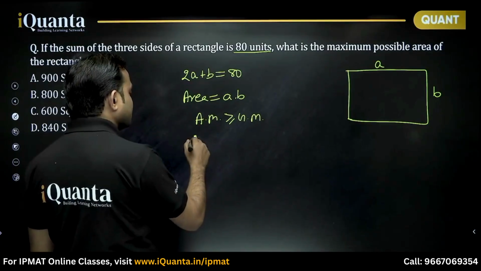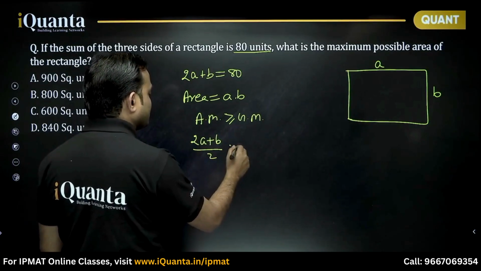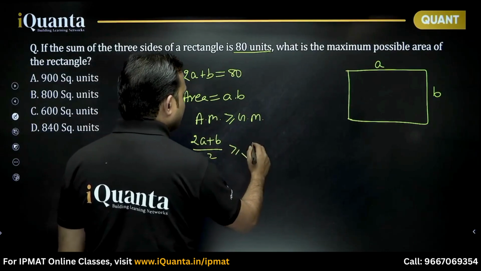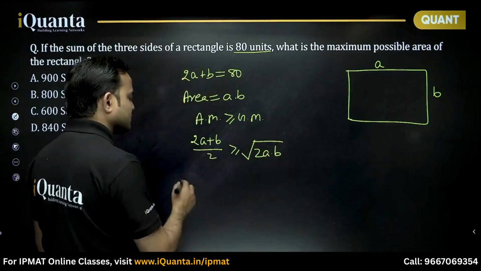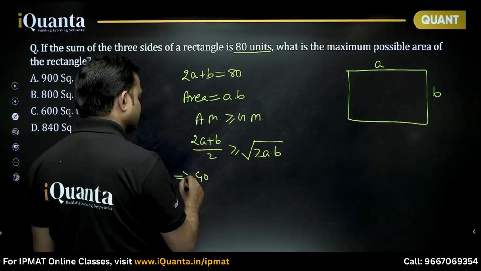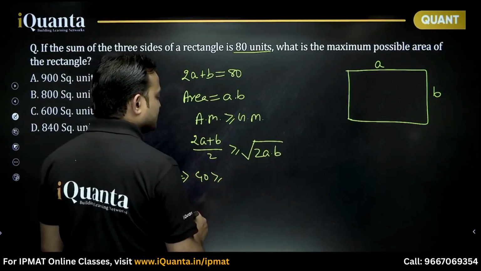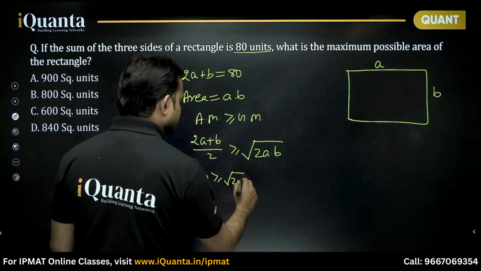So we can say that (2A plus B) divided by 2 is greater than or equal to the square root of 2A into B. So from there, 80 by 2 is 40, which is always greater than or equal to the square root of 2AB.